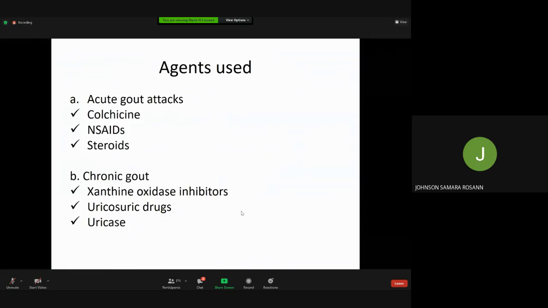For chronic gout, you want to reduce the uric acid levels. So either A, you use the xanthine oxidase inhibitors, which will prevent conversion of xanthine into uric acid, or you use uricosuric drugs that increase excretion of the uric acid through the kidneys, or you give the patient uricase that will convert.